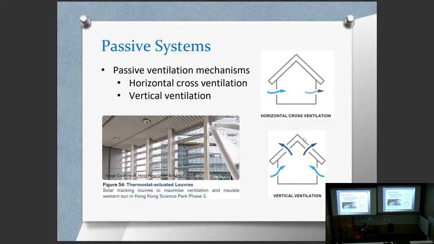So this is vertical ventilation, based on the temperature difference between the higher level and lower level. But this works more effectively for taller buildings, at least several stories. And for cross ventilation, we need openings on two sides of the building.